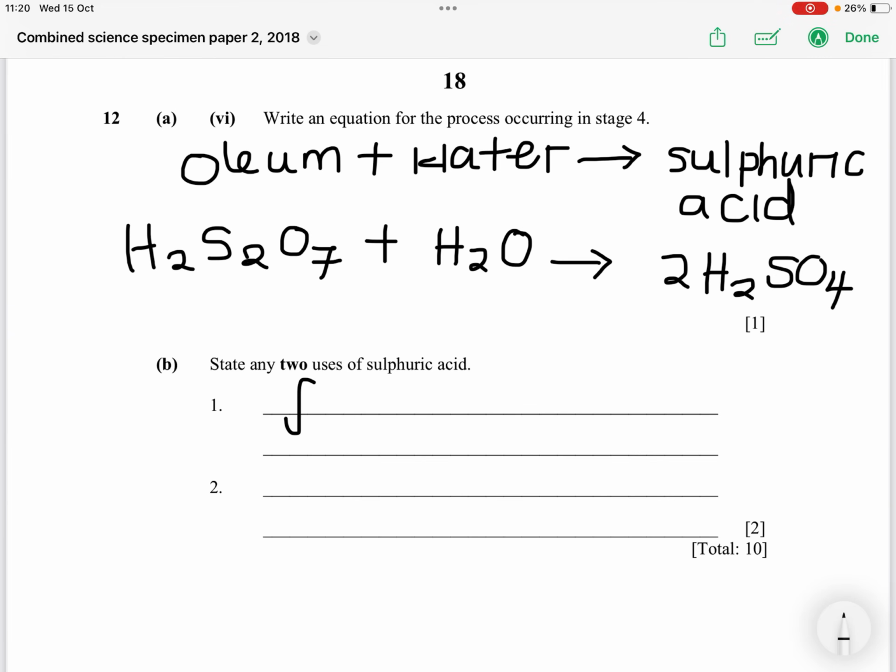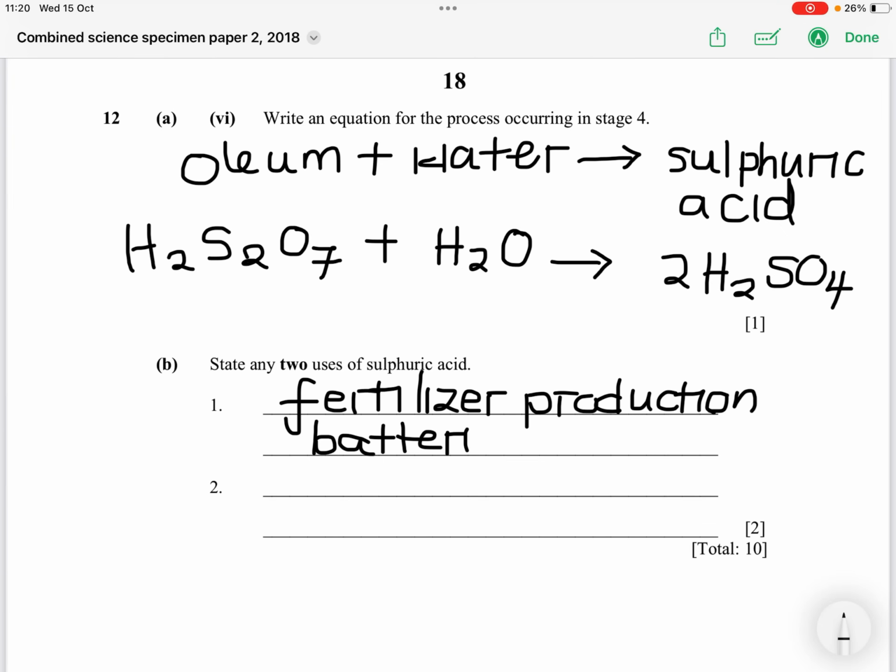And then part B, state 2 uses of sulfuric acid. So we talk about the fertilizer. Don't just write fertilizer. You're supposed to say fertilizer production, and then next, it is also used in the manufacture of batteries.